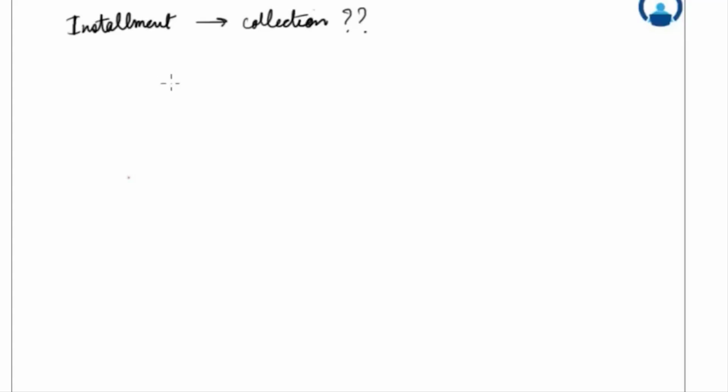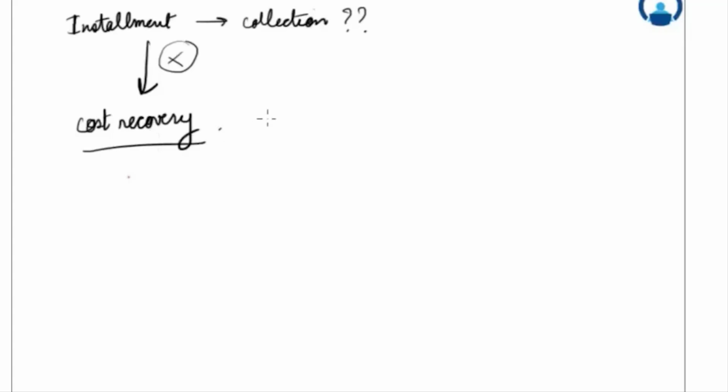Maybe collectability is a problem or an issue. In that case, you don't use the installment method. You actually use the cost recovery method. The cost recovery method suggests that you do not recognize gross profit or sales or the corresponding costs until your COGS or costs are fully recovered.